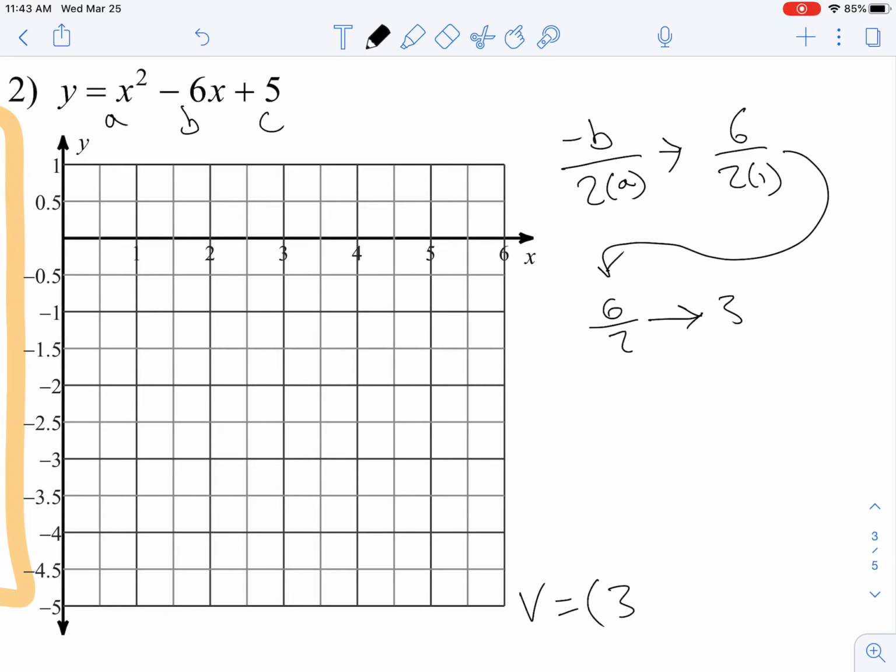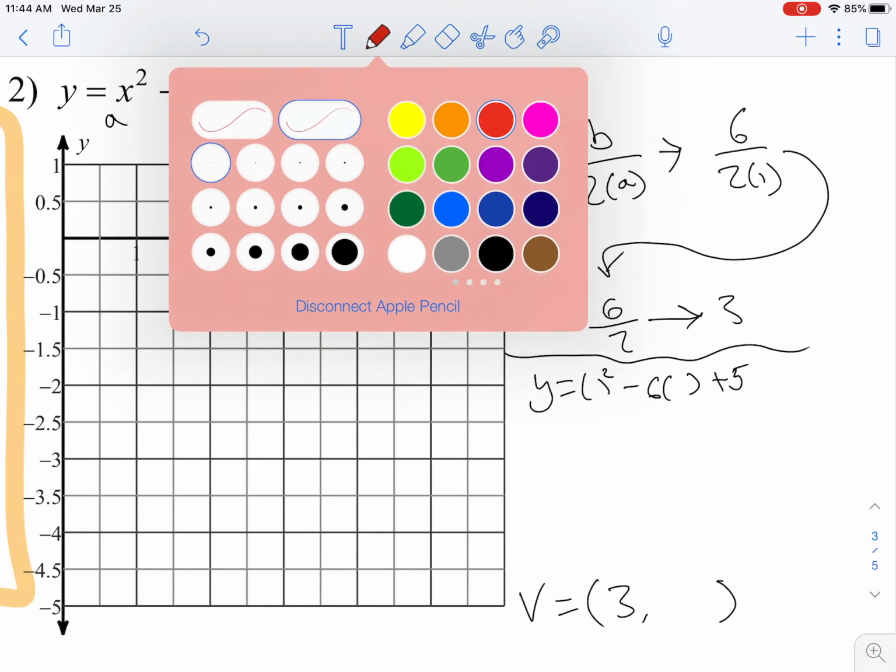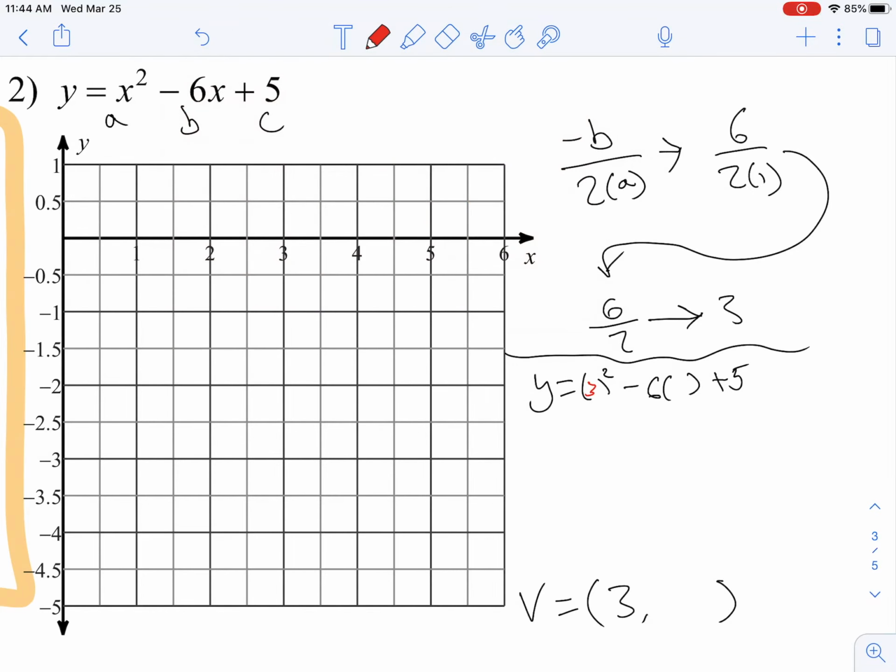So in my vertex, my first point is 3, and then to find my second point, we're plugging in, we're saying y equals some number squared minus 6 times a number plus 5, and that number that we're using is 3. So we'll evaluate.